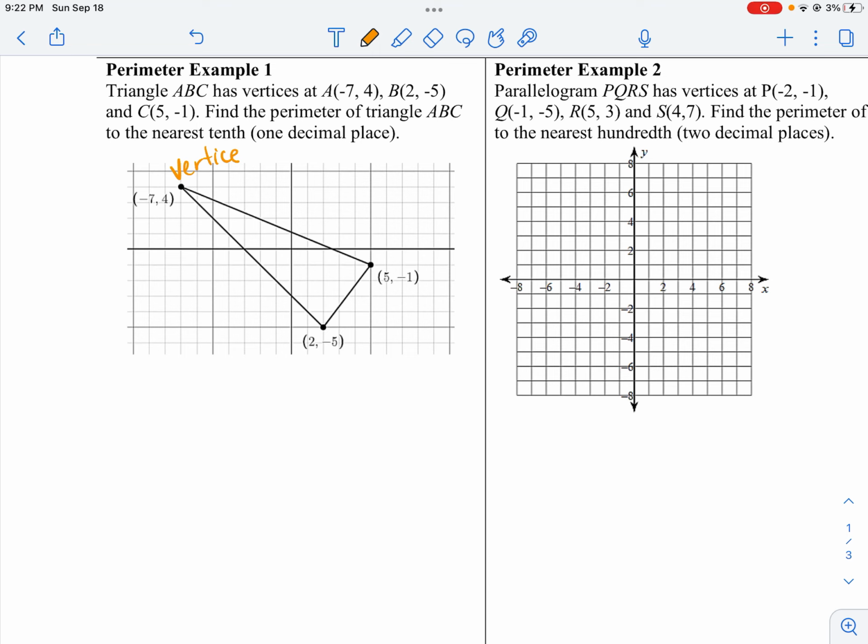So A, B, and C. We're going to find the distance for AB, the distance for AC, and the distance for BC.